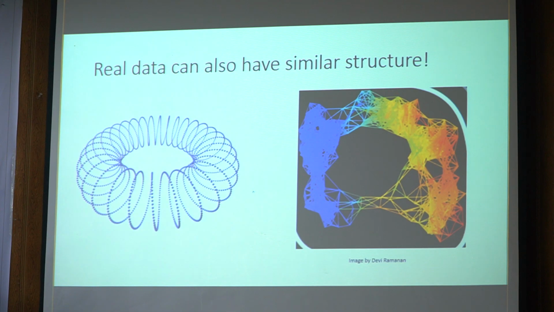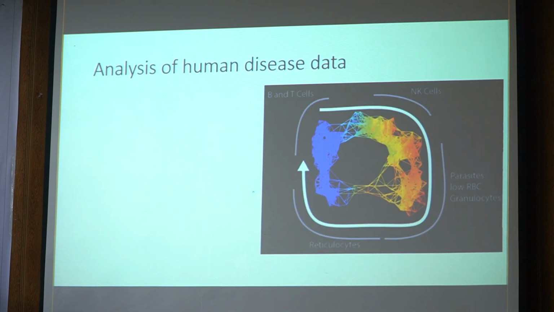In this case, if you look at where the data comes from, sorry, this is not very visible, there are things like B and T cells and NK cells written here, and parasites. So this is some kind of medical image. And the point is that this is an evolution process. This is a temporal process. And what they discovered is that this is patient data, and patients actually move around this cycle in the way that the picture suggests.